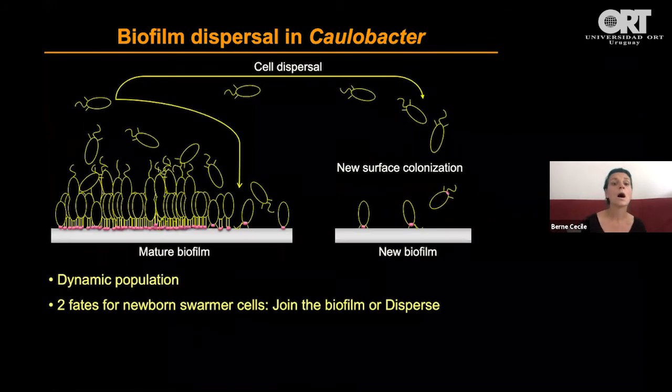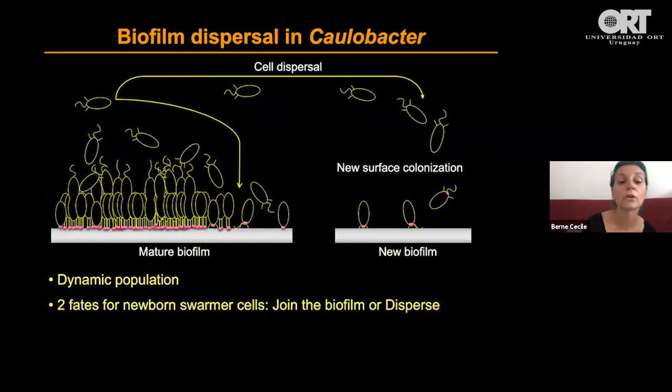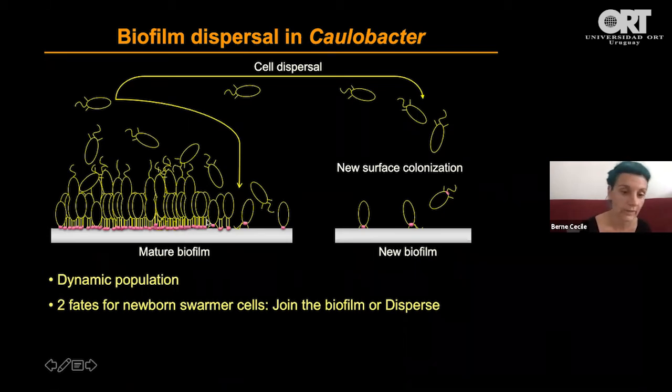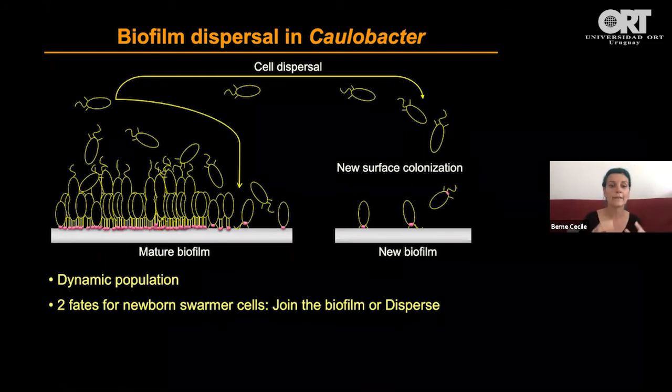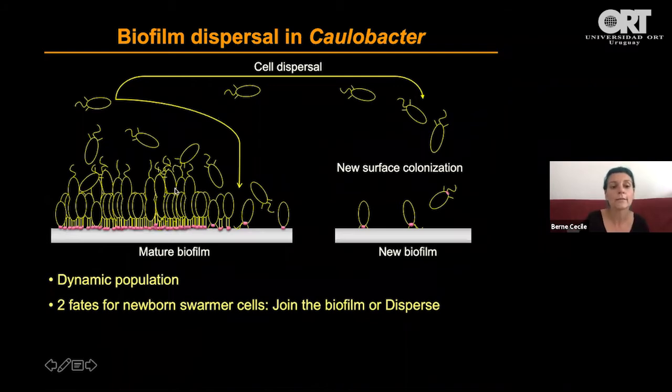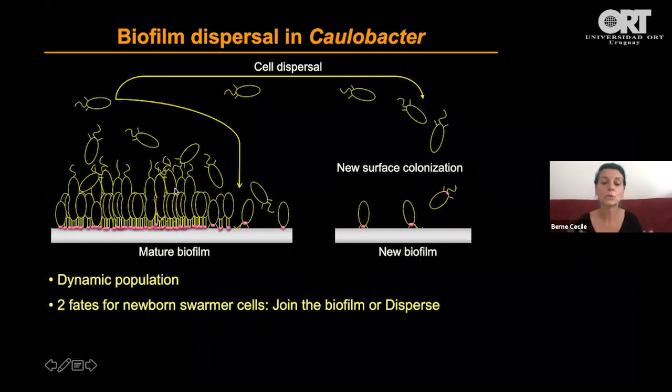If we zoom in on a mature biofilm, we can see that it's a complex population of cells of different ages and different cell shapes. And we've got a dynamic population. We've got old cells that are attached, and we've got new cells being produced all the time. And those new cells have basically two options.